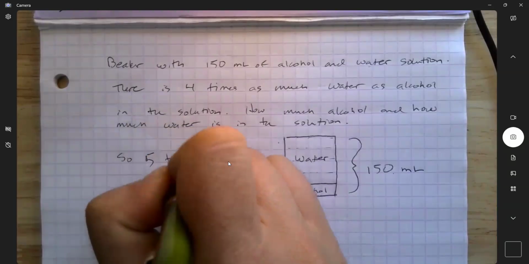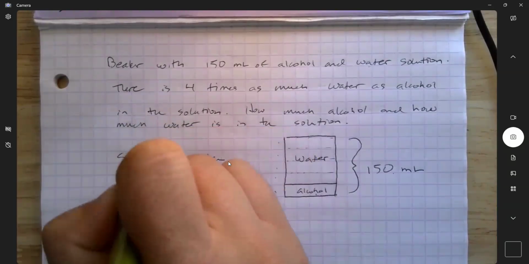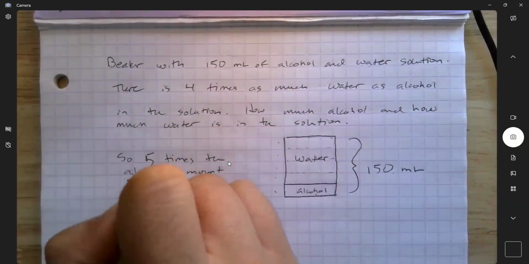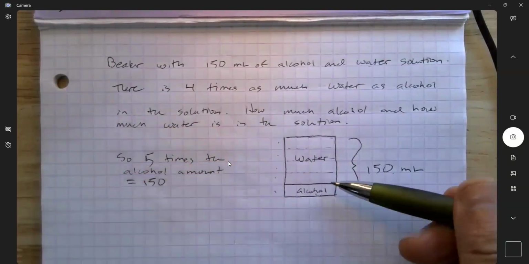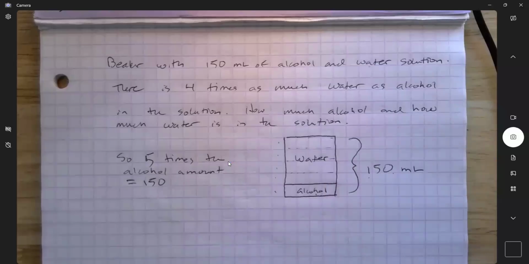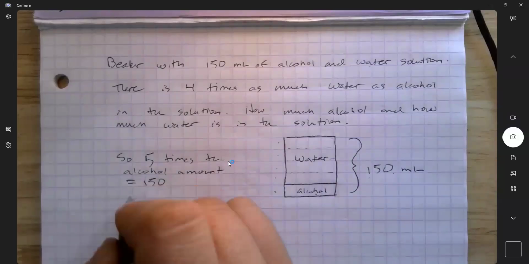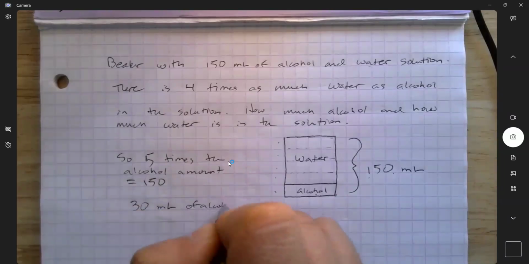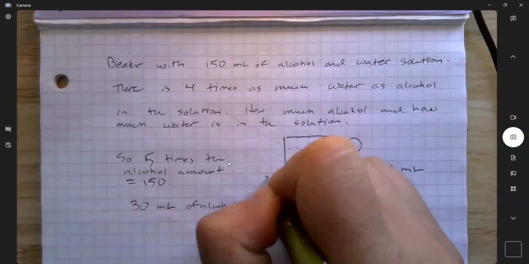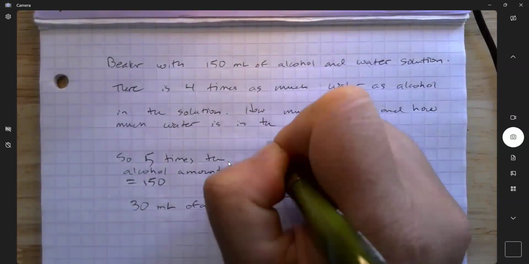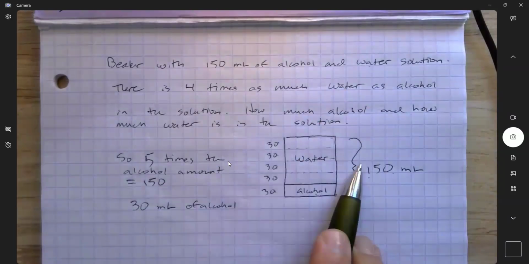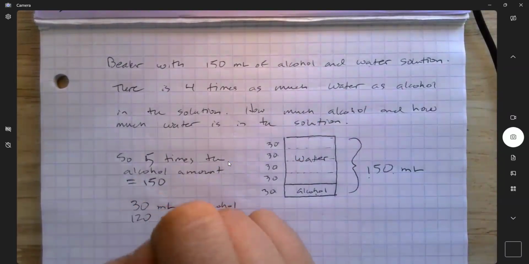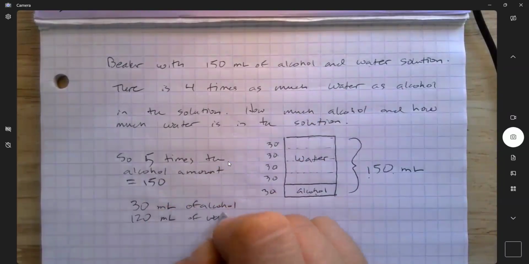So 5 times the alcohol amount equals 150. There's my alcohol plus another 4 amounts, and that gets to 150. That means there are 30 milliliters of alcohol, because this one's 30, this one's 30, this one's 30, this one's 30, and this one's 30, and it all adds up to 150 milliliters, and 120 milliliters of water.